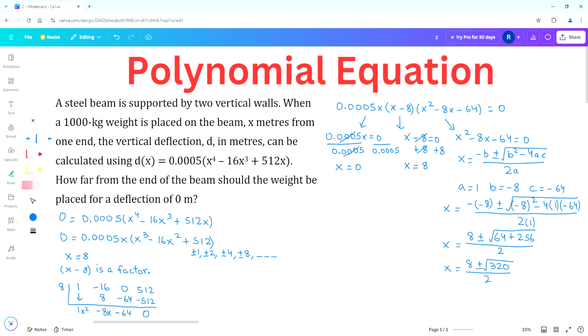Square root of 320 is equal to 17.89. Now we can analyze the two cases, the plus and the minus. 8 plus 17.89 is equal to 25.89.